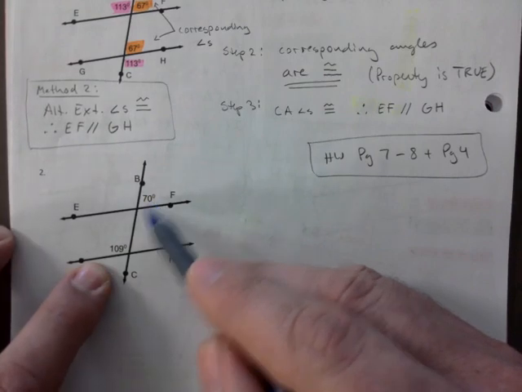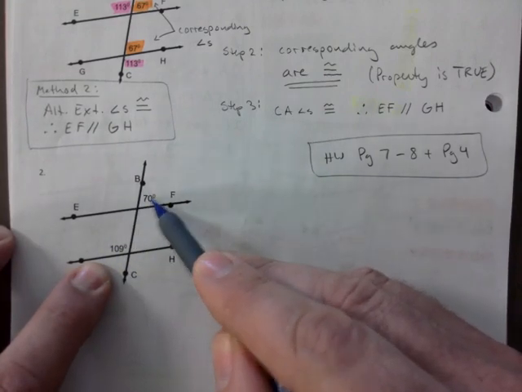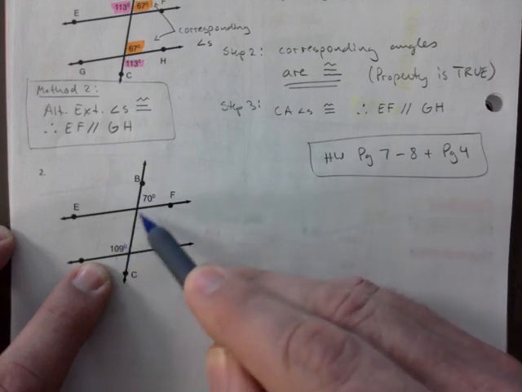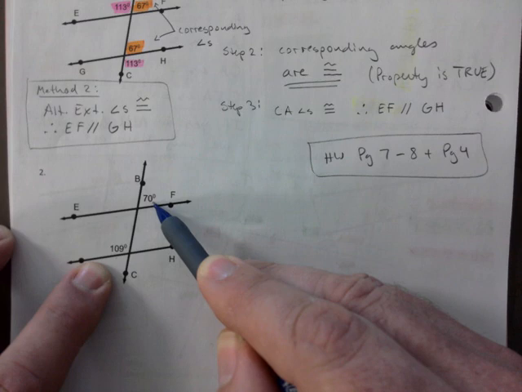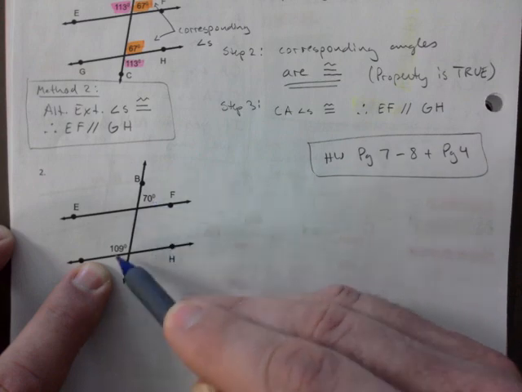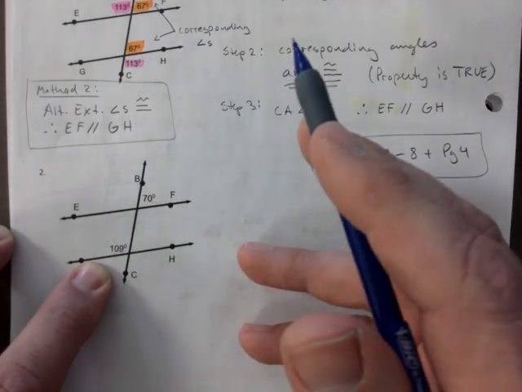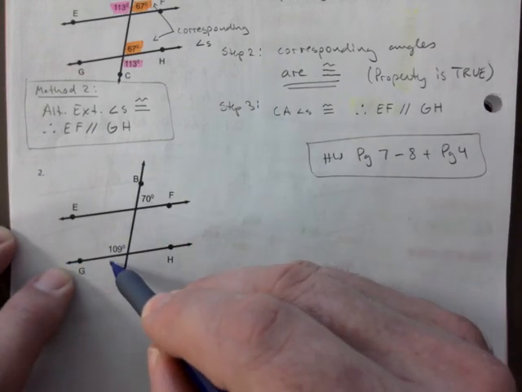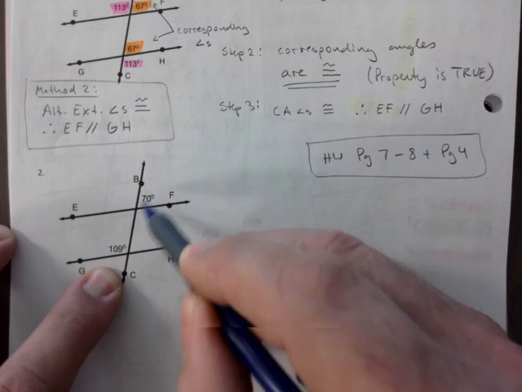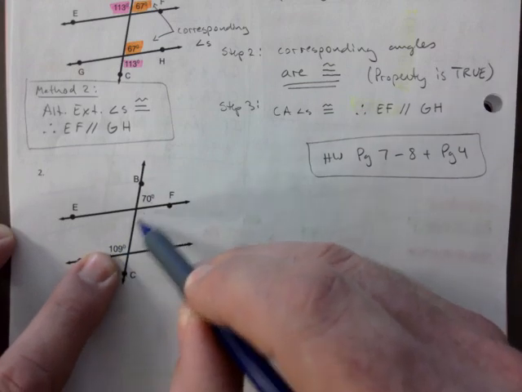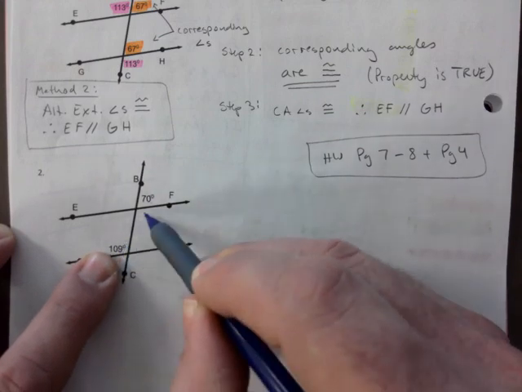That's your first goal. If there are numbers given, do we have a name for these two? They look like alternate something, but they're actually not. It's not alternate interior nor exterior. If you had an angle here and here, those are alternate exterior. If you had this one and this one, those are called alternate interior. But right now we don't have a name.